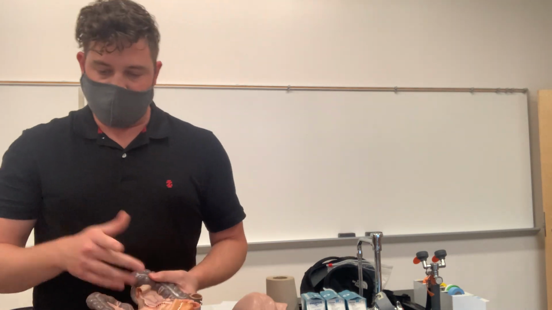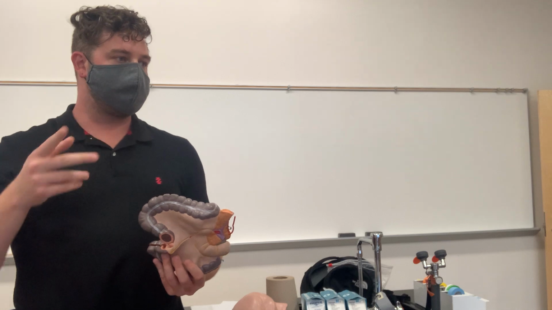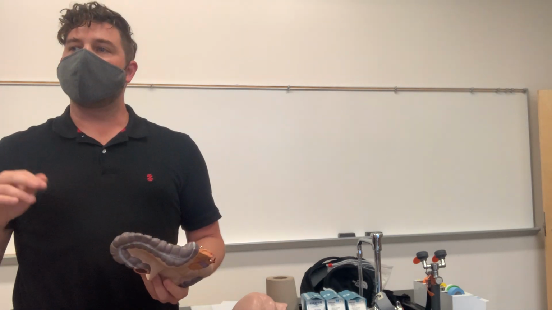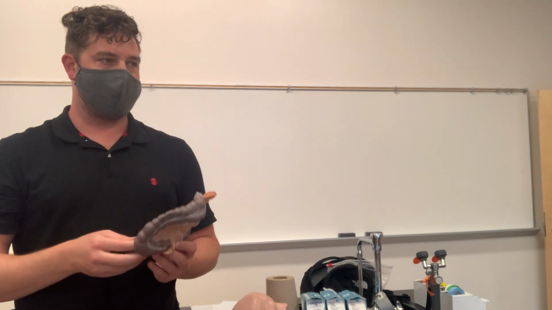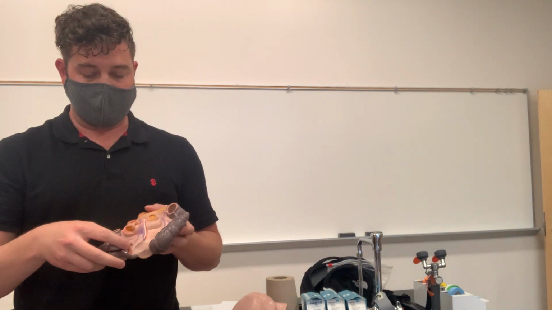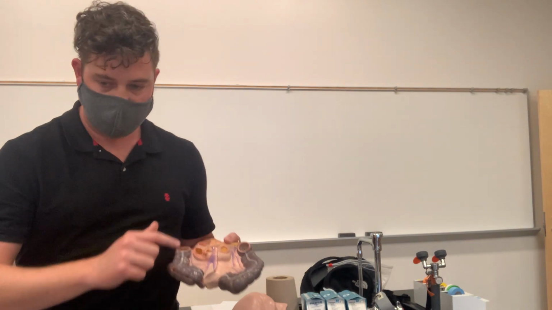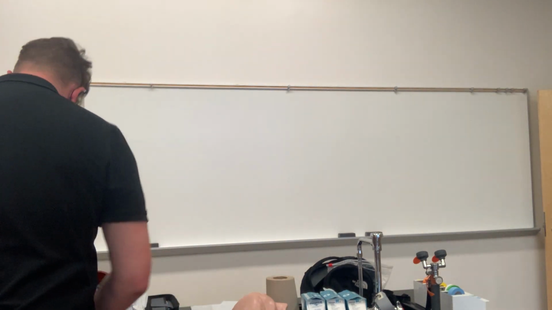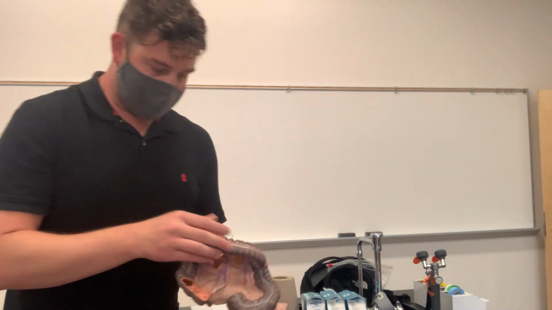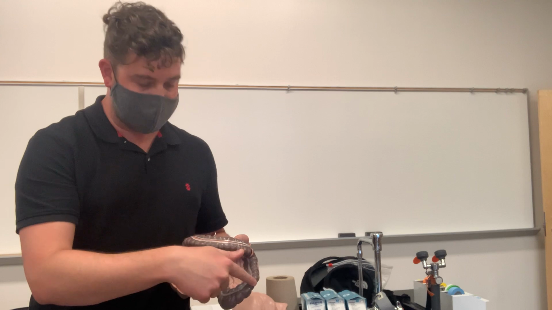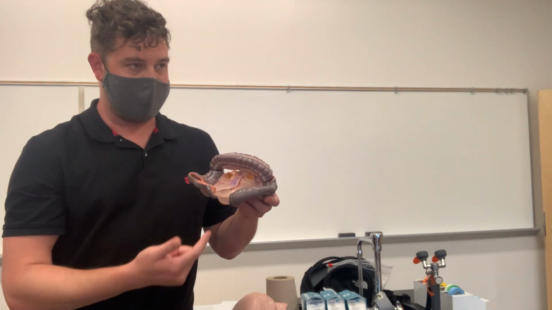A lot of times, and even on this sheet, the large intestine and the colon are used interchangeably. Technically, the colon is part of the large intestine. Your large intestine is your cecum and your appendix, the ascending, transverse, and descending colon, the sigmoid colon, and the rectum and anus.